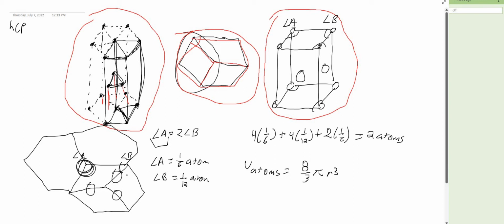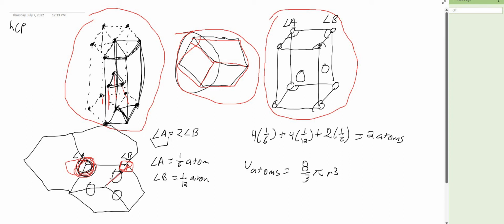So if we look at the hexagon, we can see that this angle, we're calling it angle A, is going to be exactly twice as much as angle B. And you can do that proof yourself. It's just we're bisecting it with this line.